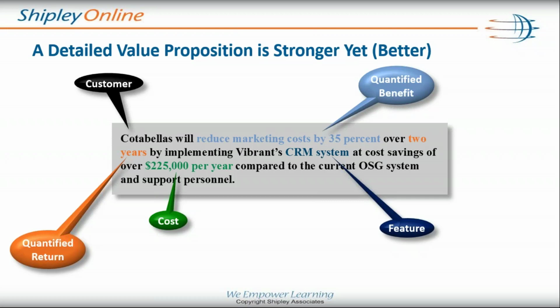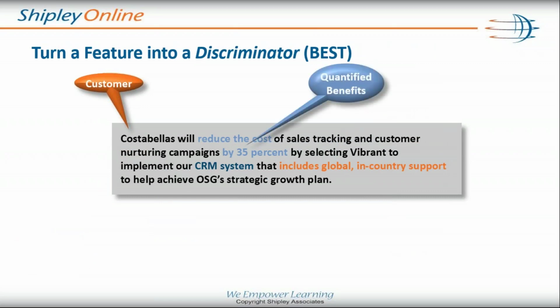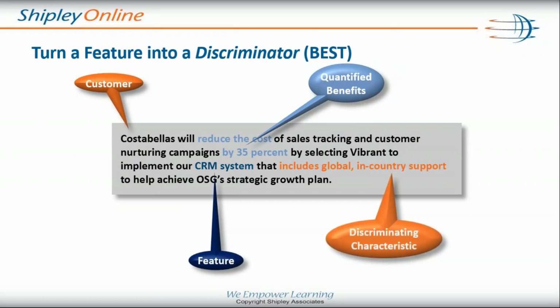If we can include the value proposition as part of our win theme, stemming from the win strategy, all the better. So here's the last one. This is the customer again. We're reducing the cost by 35% with our CRM system. Here's how we discriminate.